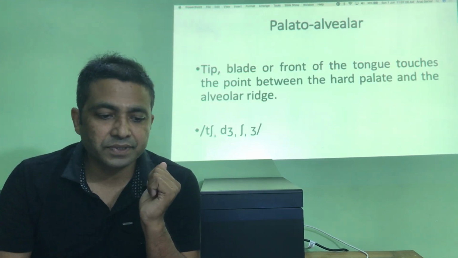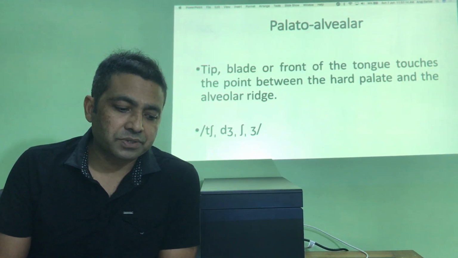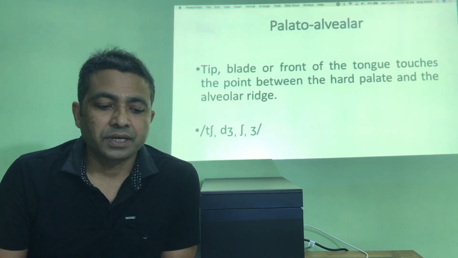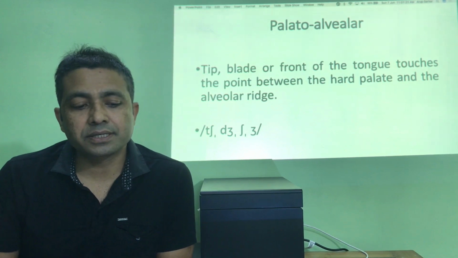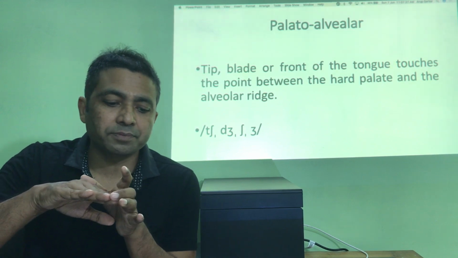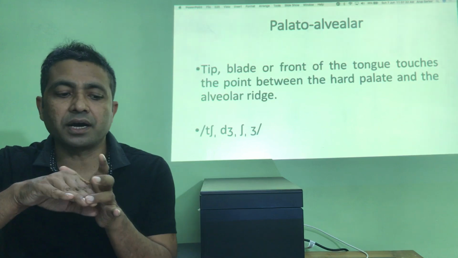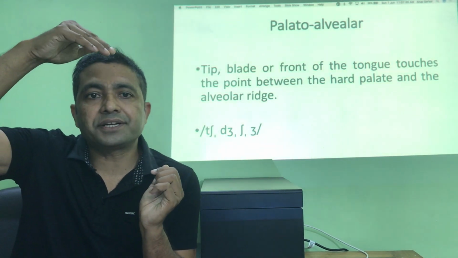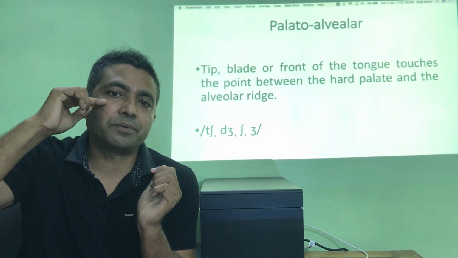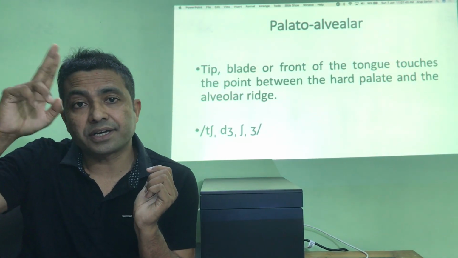Then we have palato-alveolar. Palato-alveolar sounds are cha, ja, sha, ja. These are palato-alveolar because the tip, blade and front of the tongue, most part of the tongue, goes against the upper palate, starting from the back of the teeth ridge and going to the hard palate.